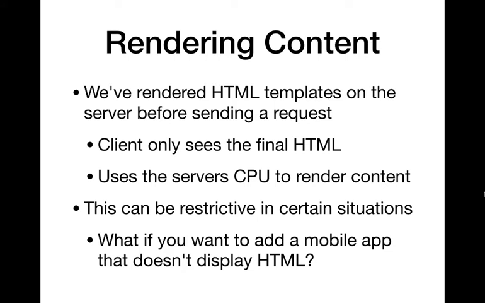With this, we're rendering the content server side and serving HTML. The client doesn't see the rendering happen. It's all behind the scenes, and the client just gets HTML. When they requested a full page, they just got all the HTML. They didn't know whether it was generated from a template or not.